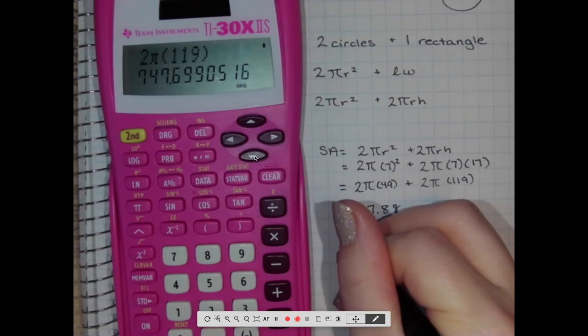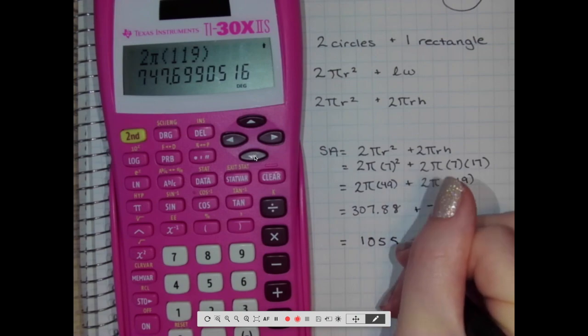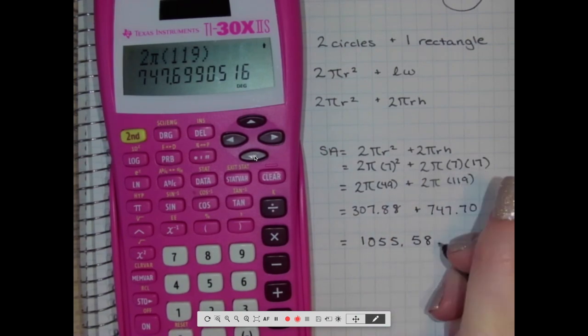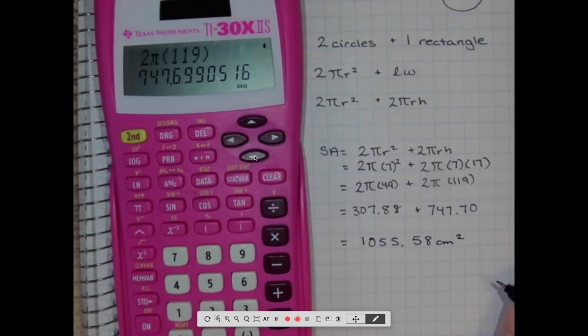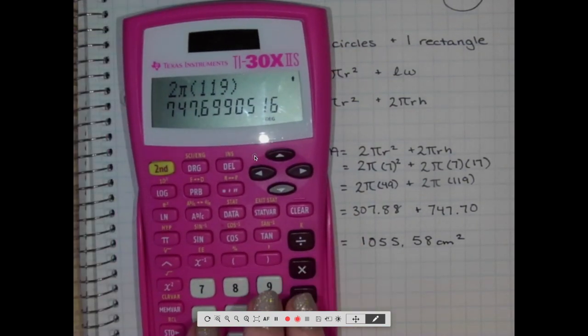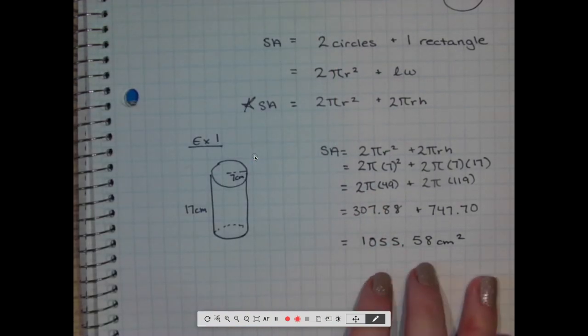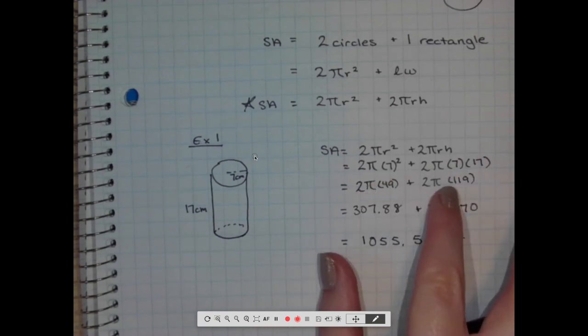When I add those two together, I get 1055.58 centimeters squared, because my units were centimeters and surface area I square. Okay. And yes, that is the same answer as when I just plugged everything in right away.